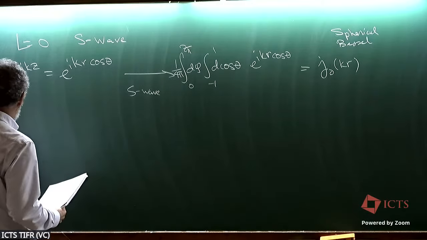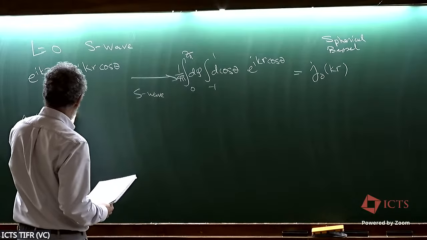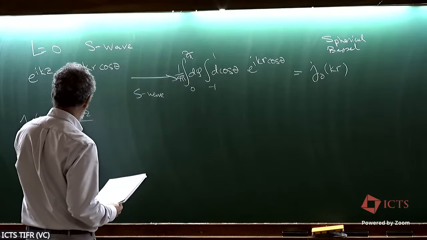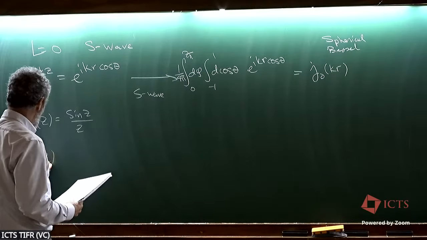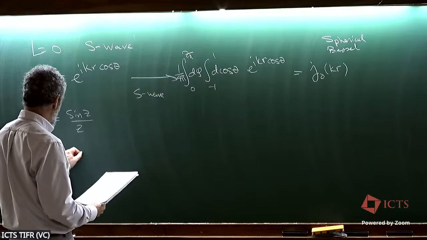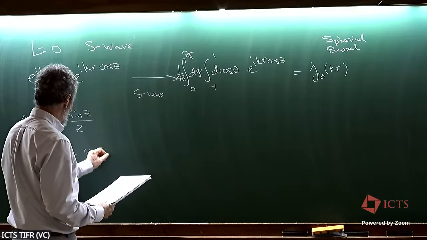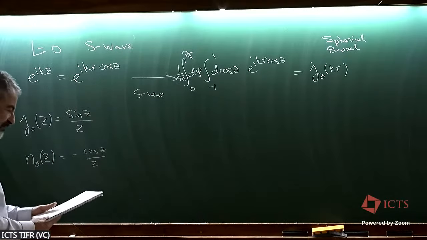So J0 of Z has a nice relationship to trigonometric functions, and it comes along with an irregular partner N0 of Z, or sometimes called Y0 of Z, which is equal to minus cos Z over Z. This one's singular at the origin.